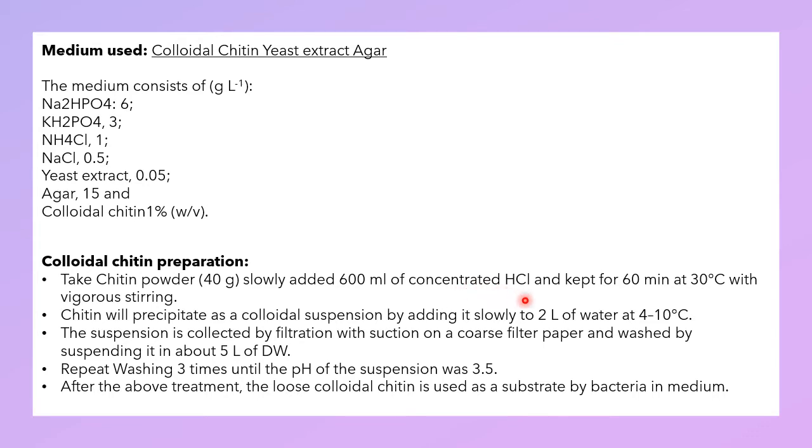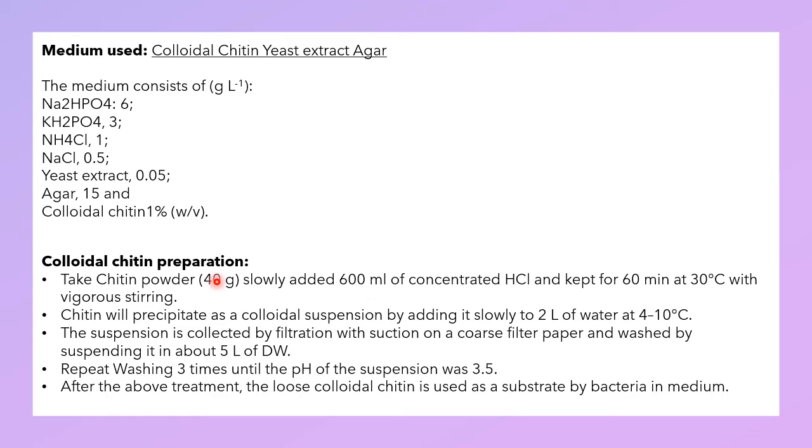You keep it for 1 hour at 30 degrees Celsius with vigorous stirring. So you need a magnetic stirrer, and you keep your flask on that stirrer for at least 1 hour at 30 degrees Celsius.